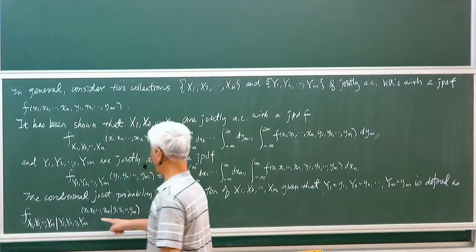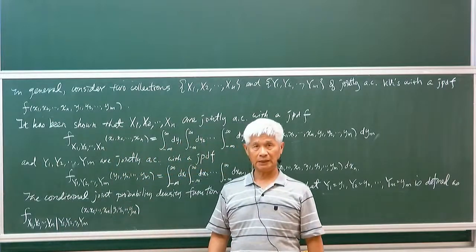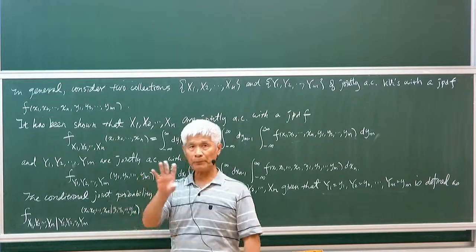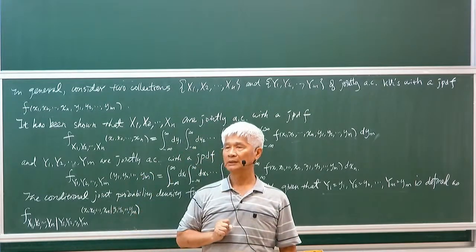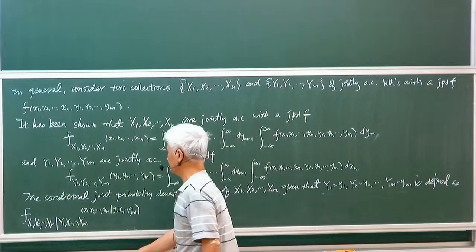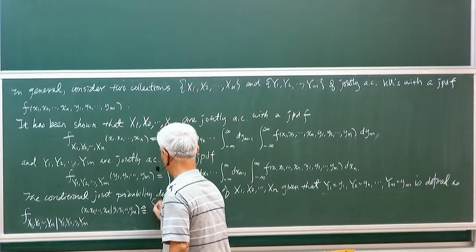Okay, so you can regard that the conditional joint PDF is a function of m plus m variables, and it's defined to be here.